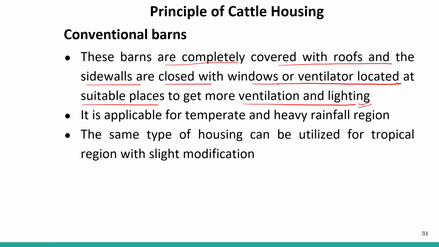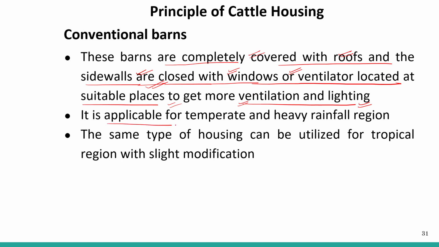It is totally covered with roof. They are not open as in the case of loose housing. Side walls are totally closed, but there are windows so that there is proper ventilation at suitable places to get proper air and light.